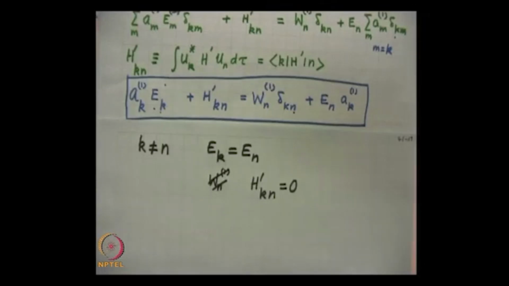That means, if I have chosen that representation in which my H prime k n, H prime matrix is diagonal, then the diagonal elements will represent the perturbation to this state. We will illustrate this again if you have not followed through, with another example.